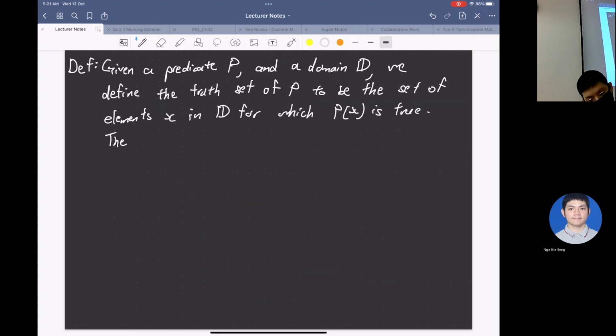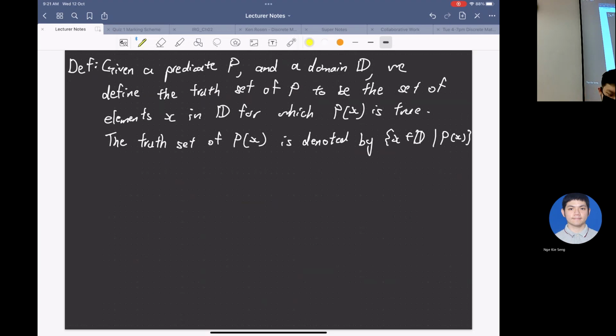Then the truth set of Q is denoted by {x in D such that Q(x)}.